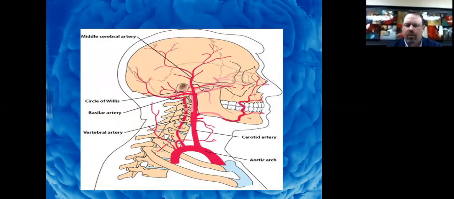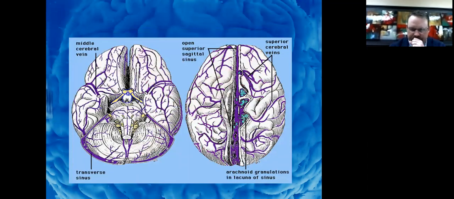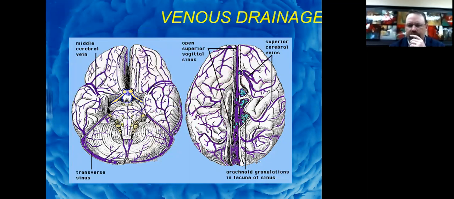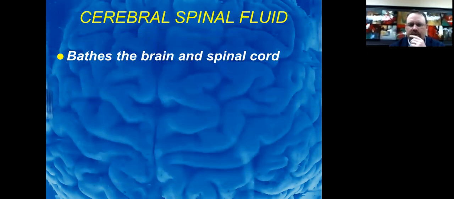Obviously, you can see on the PowerPoint the arch of the aorta going up into the vertebral artery and your carotids and your basilar artery, circle of Willis, and up into your middle cerebral artery. This is the venous side. The venous side is actually important for helping control intracranial pressure as well as the perfusion of the arterial side. Cerebral spinal fluid.